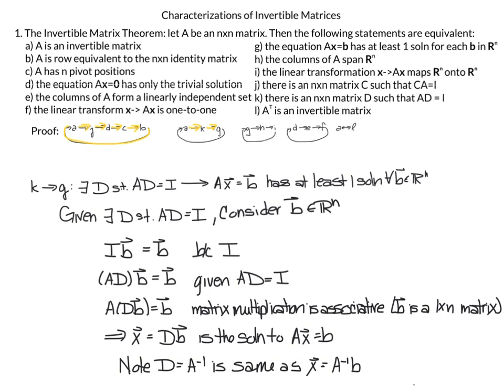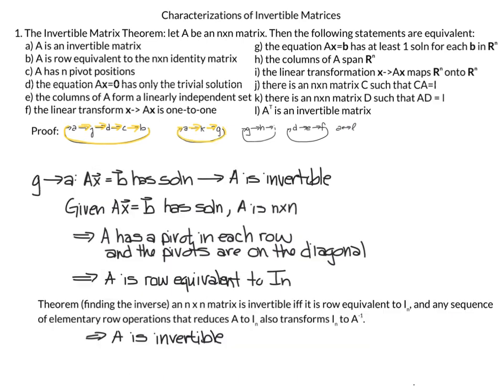So I have X equals DB, and that's going to be my solution. And note that technically D is an inverse of A, so this solution should look sort of like X equals A inverse B. But just keep in mind that D in this case is the right-hand inverse, because matrix multiplication is not commutative. We have a left and a right-hand inverse.